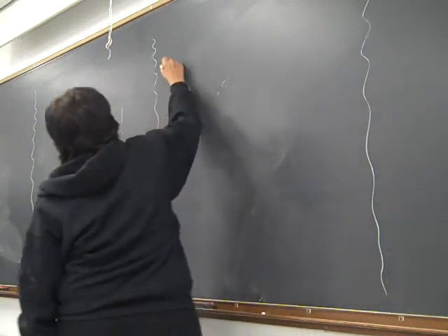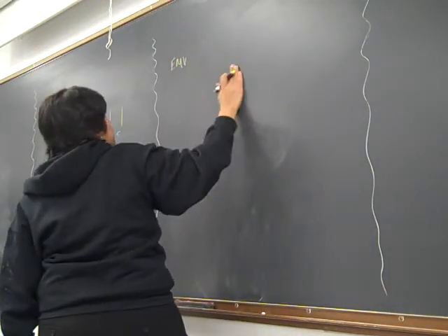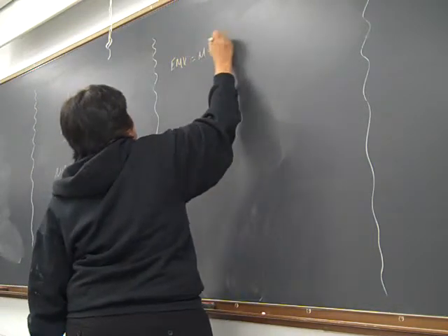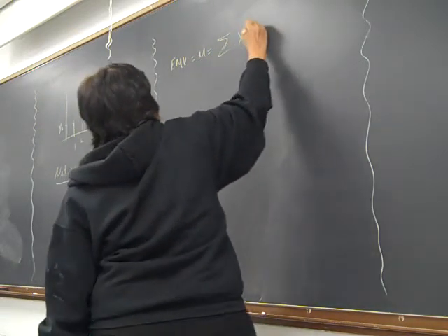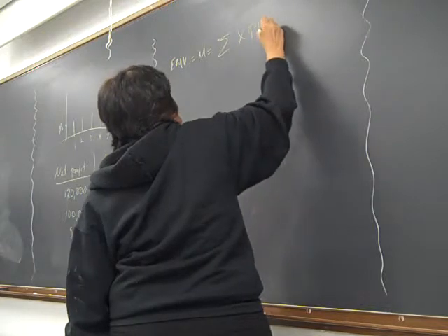The expected monetary value of this project is the mu, and it's going to be the summation of x times p of x.